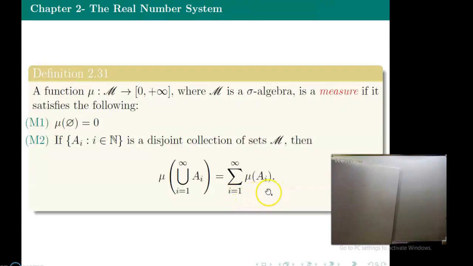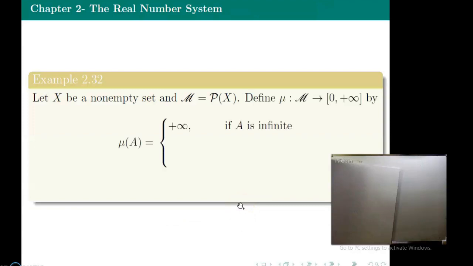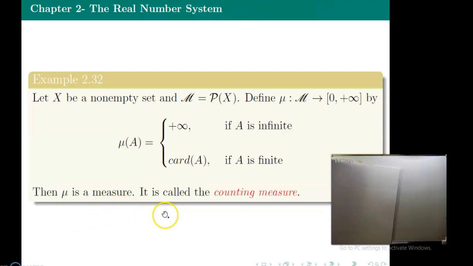Summation of the measure means mu of A1 plus mu of A2 plus mu of A3 and so on is equal to mu of the union of A sub i. You can try that by using just finite sets. We can say that mu is a measure. Actually, this is called the counting measure.